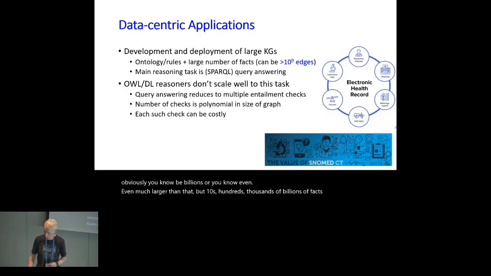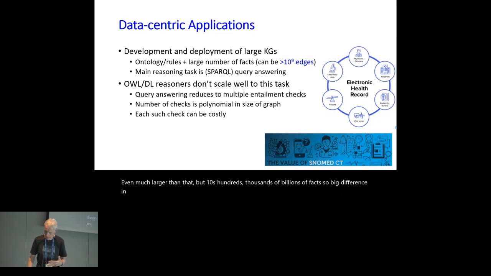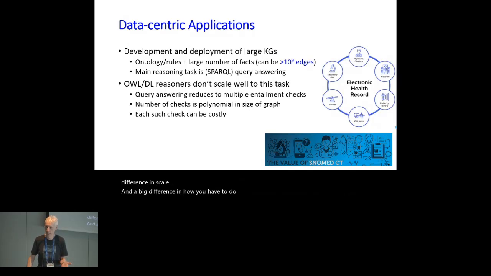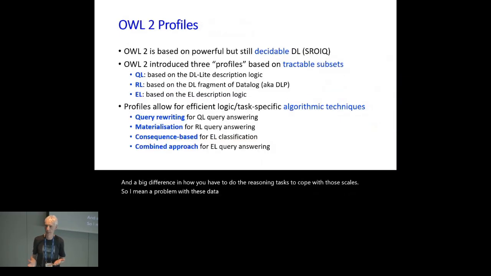So a big difference in scale, and a big difference in how you have to do the reasoning tasks to cope with those scales. So a problem with these data-centric applications is that the reasoning technology behind systems like Hermit and ELK typically just doesn't scale to query answering over these data sets with billions of facts in them.